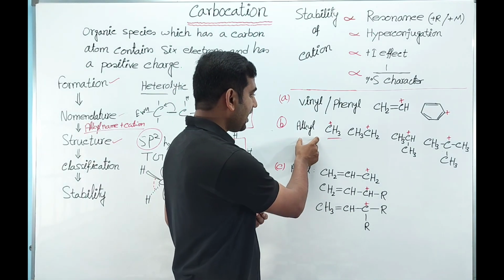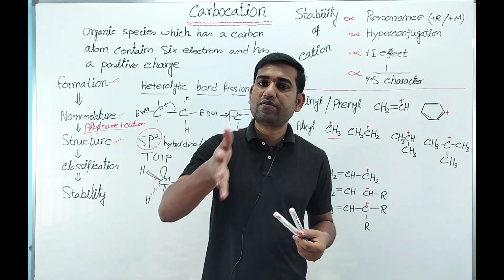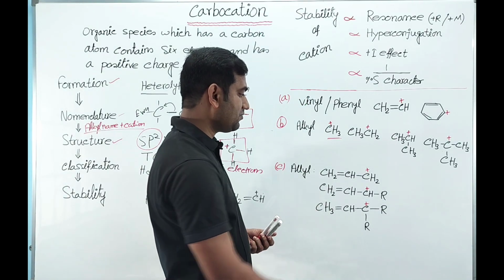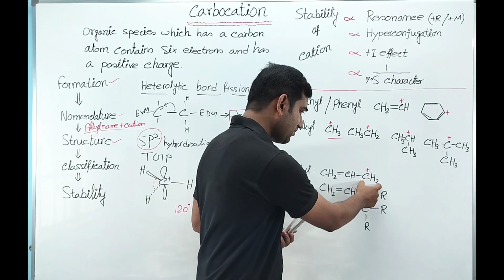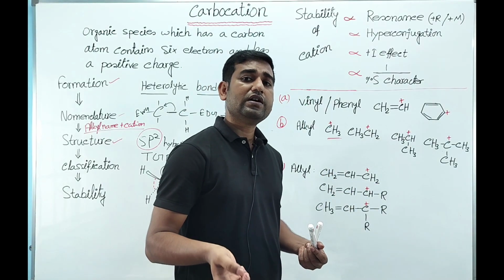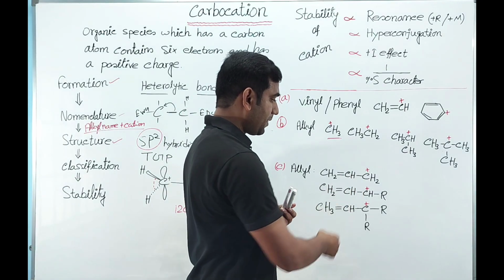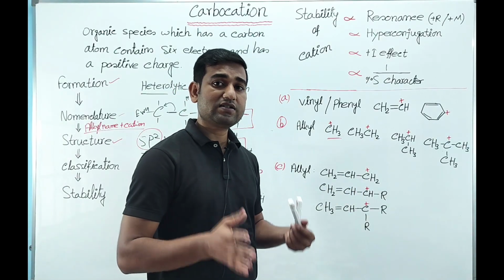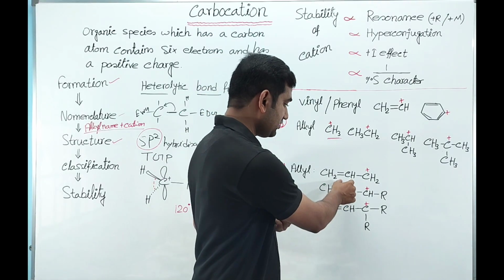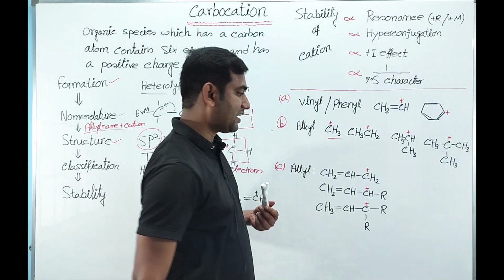When an alkyl group removes one hydrogen it forms an alkyl carbocation. And allylic carbocation means the carbocation is next to the double bond, that is, the double bond is at the alpha position with respect to the carbocation. This is the allyl carbocation.